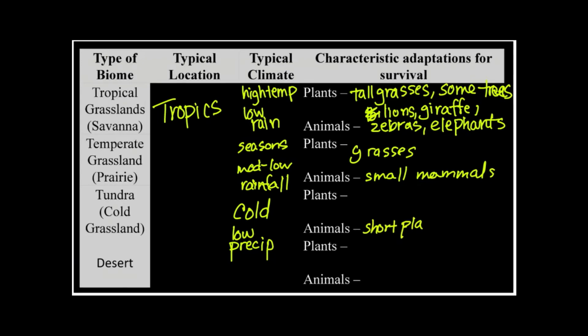And it's because you've got permafrost, which means the soil is totally frozen. Sometimes the top layer will thaw a little bit in the summer, and then it freezes right back up in the winter. So there's not a lot of ability for plants to grow. You'll see polar bears, seals, other cold animals, caribou.